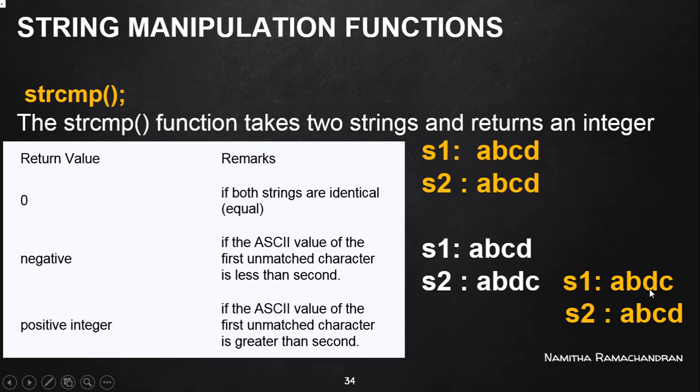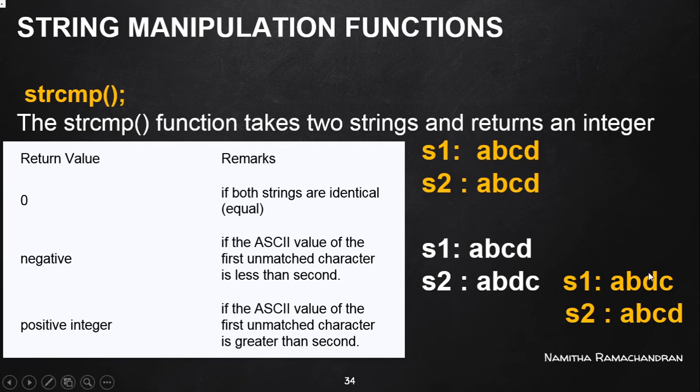So consider this. While comparing these two values, it performs a subtraction. ASCII of this minus ASCII of this. The ASCII values are equal, so it returns 0. Again, ASCII of this minus ASCII of this, so again it returns 0.